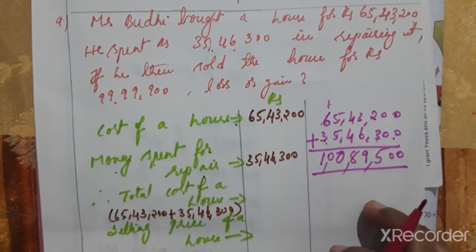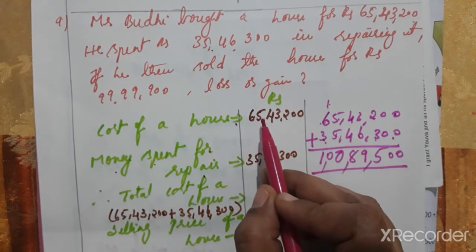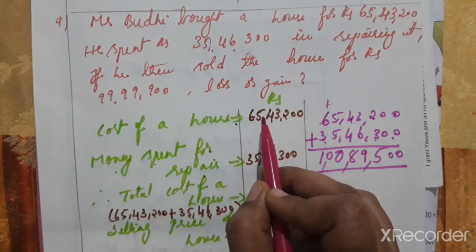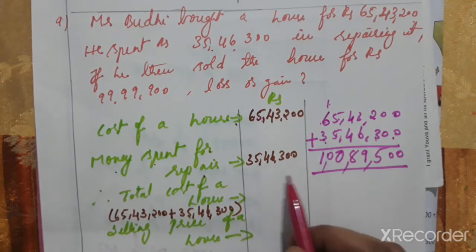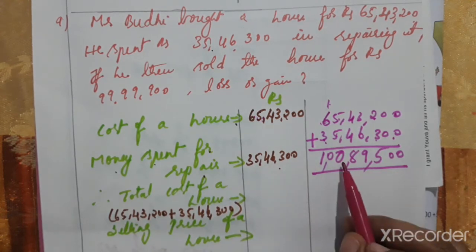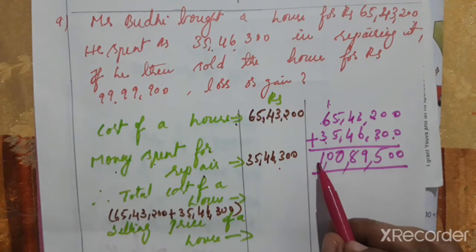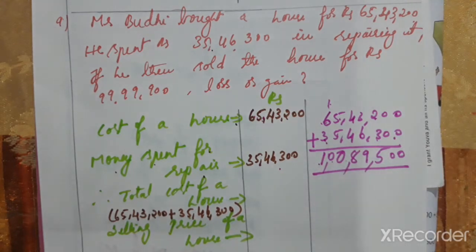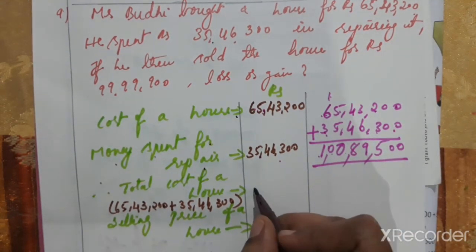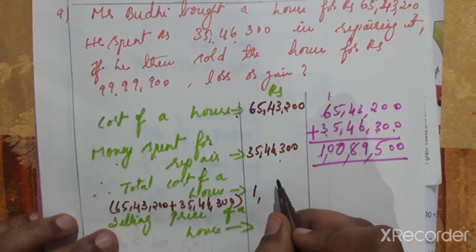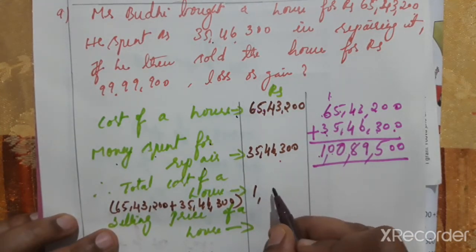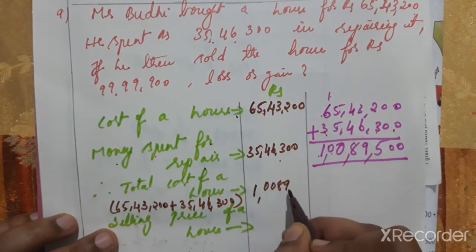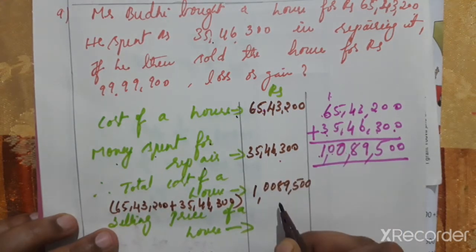Okay, that is the total cost, not this amount. This is the purchase amount of the house, 65 lakh 43,000, and again he spent 35 lakh for repair. So the total cost of the house is how much? 1 crore 89 lakh 500.